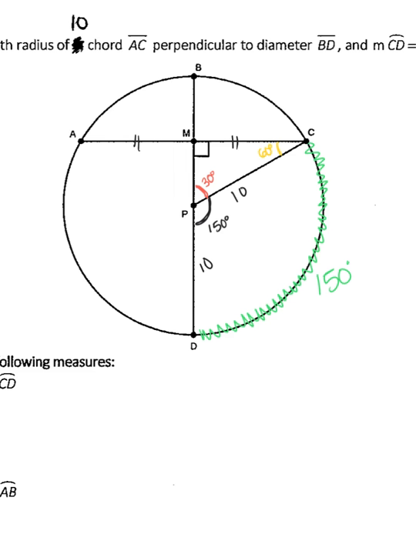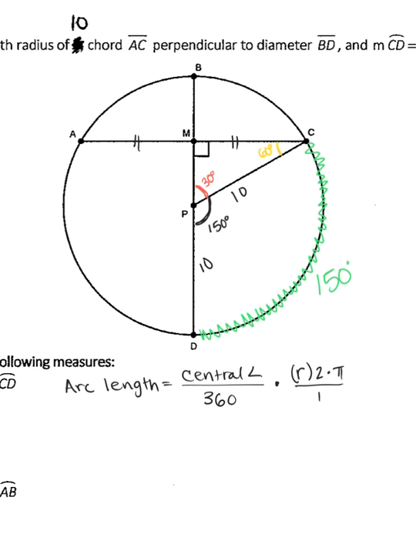To find an arc length, our formula is the central angle divided by 360, in other words, the fraction of the picture we're covering, and then times the circumference. So that's times radius times 2 times pi. If we can solve that, we'll have the arc length.